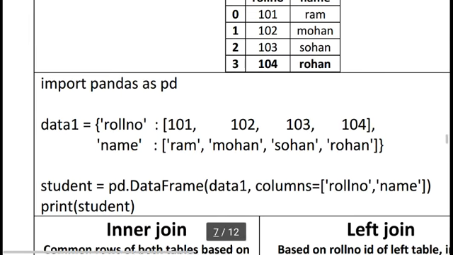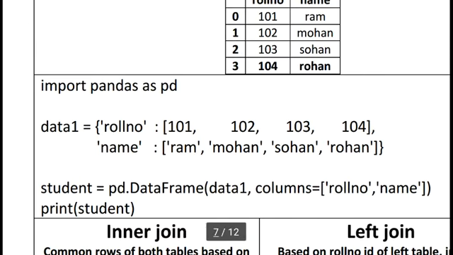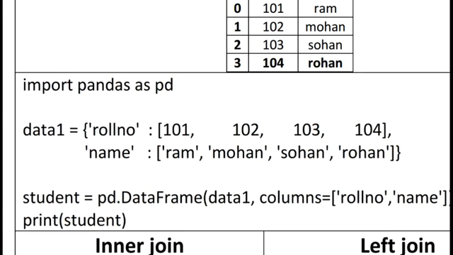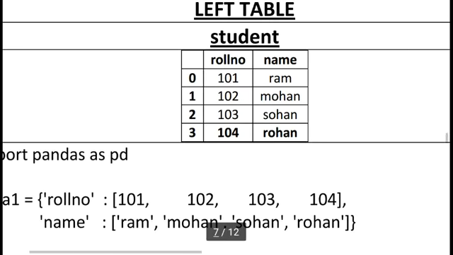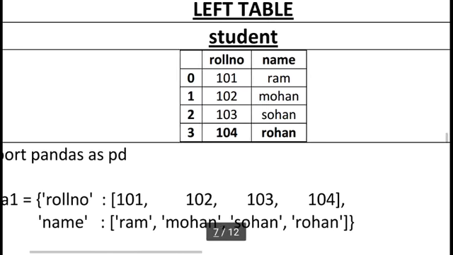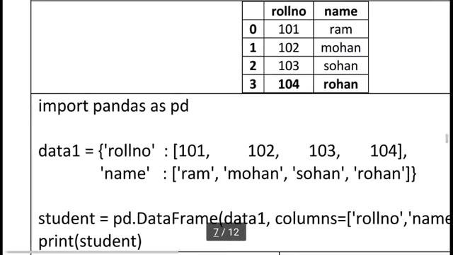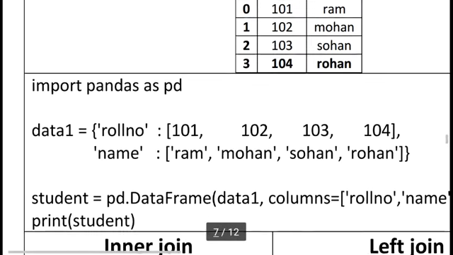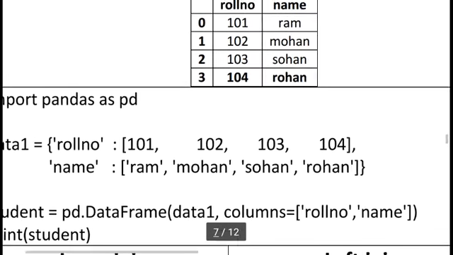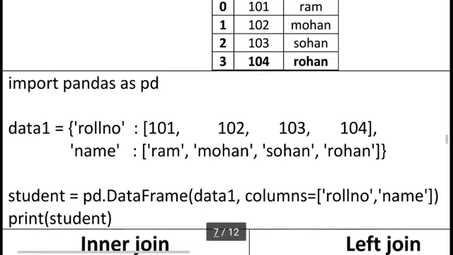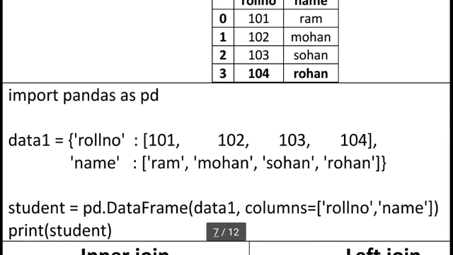So here first we store our data in a pandas data frame. I am using import pandas as pd, data1 is our variable equal to curly braces. We already discussed this in the previous section. When we have a table and want to store different kinds of data, we use the dictionary concept: roll number, all the roll numbers 101, 102, 103 and 104, and name, all the names Ram, Mohan, Sohan and Rohan.